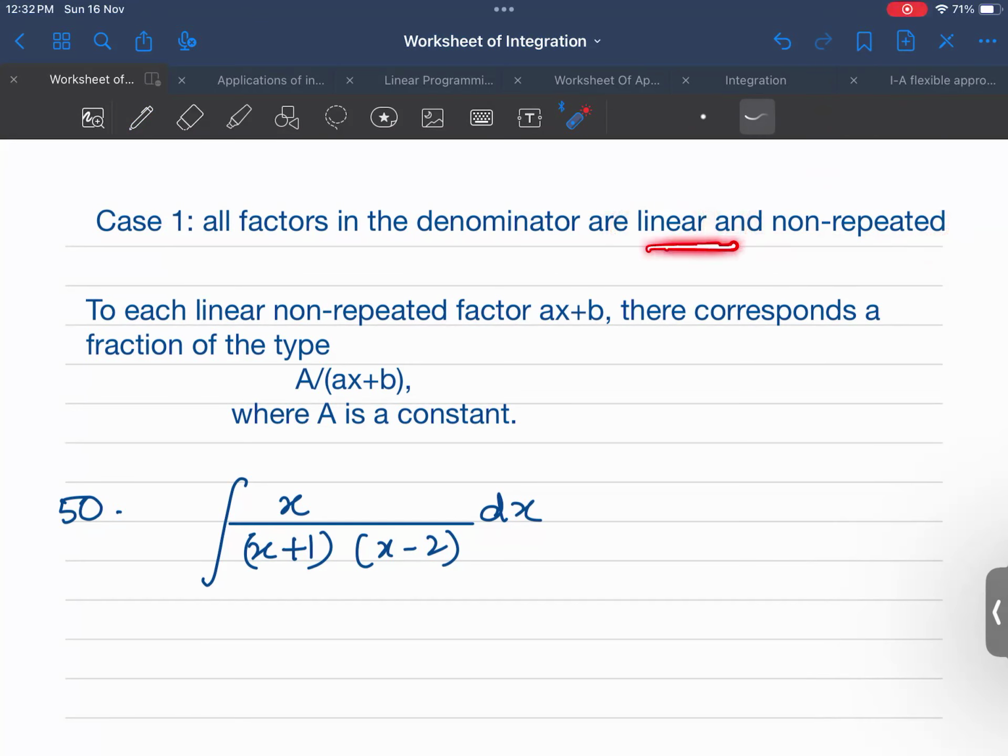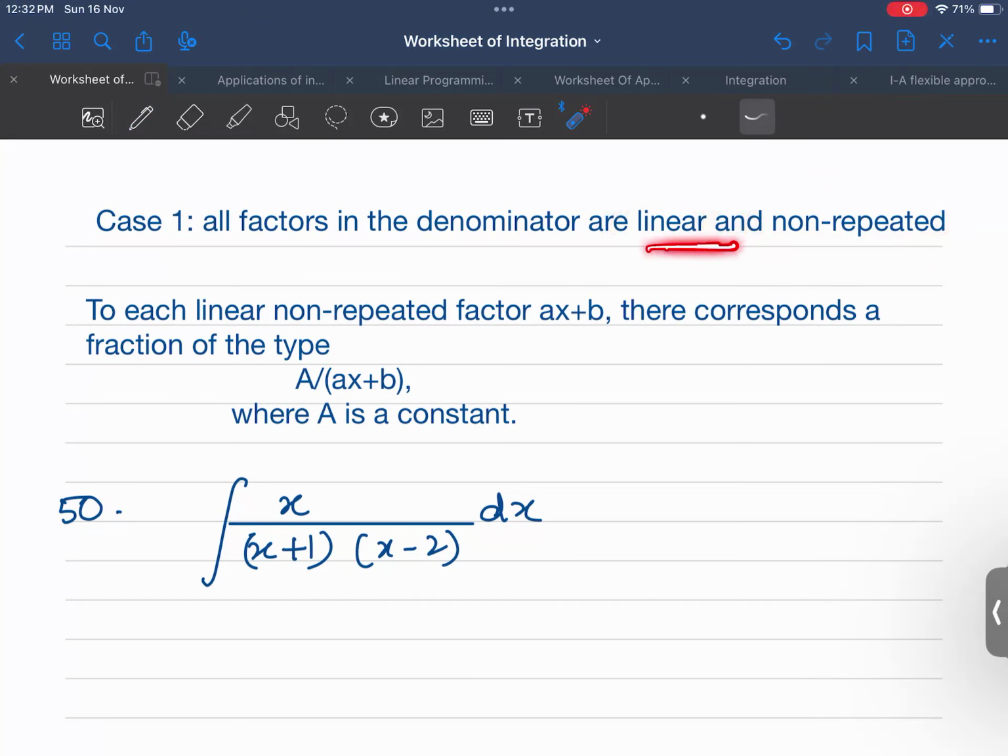We are putting the values of A and B in this equation.